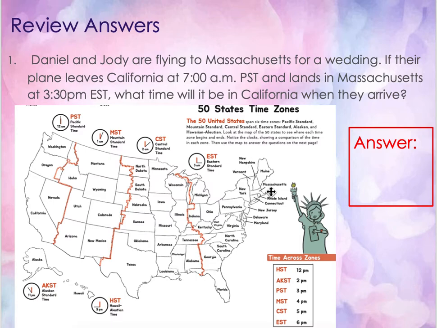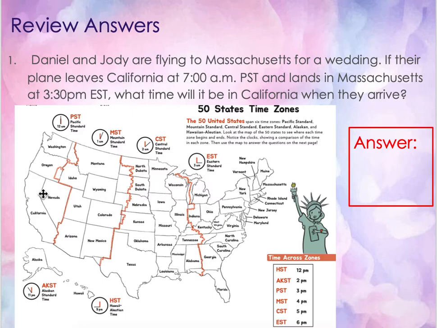So they're going from California to Massachusetts, and they're asking what time it will be in California when you arrive in Massachusetts. Let's just do the math. I know for sure, you can even tell right here on the top, that you have to add an hour every time zone you go to the right.